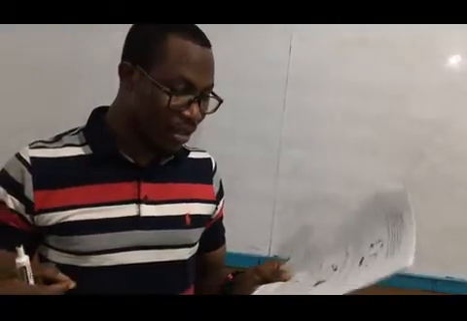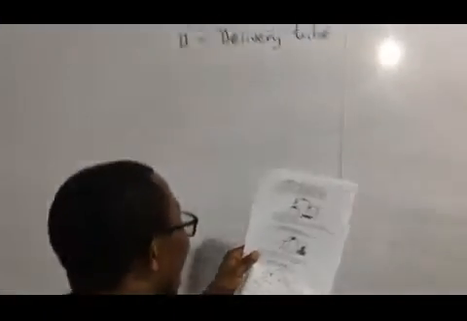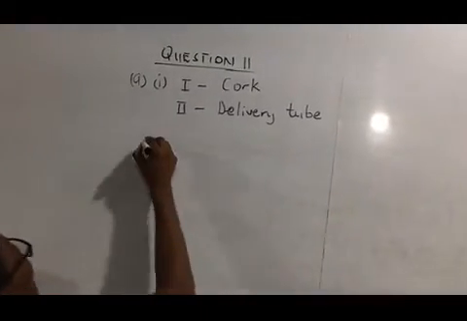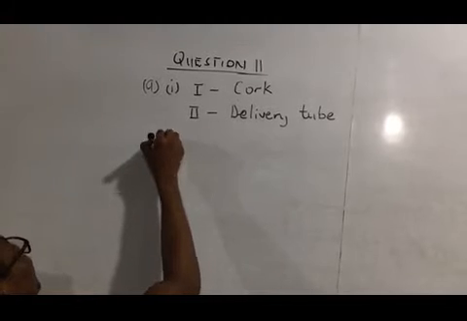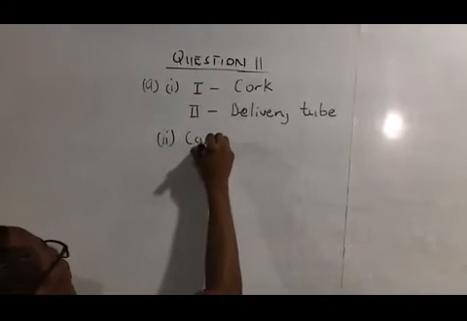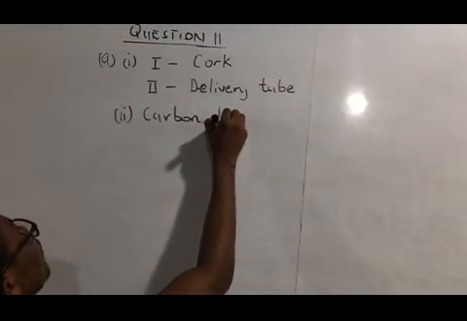And I told you that whenever you have a carbonate, a compound that contains CO3, reacting with an acid, the gas that we produce is what? Carbon dioxide. So for II, the gas being tested for is carbon dioxide gas. So we have carbon.